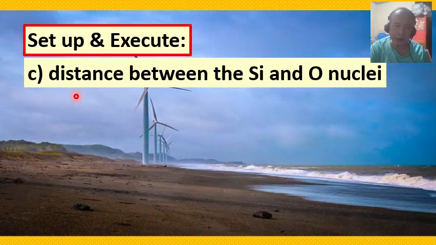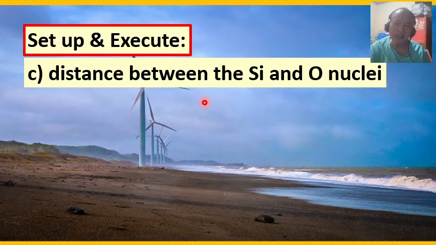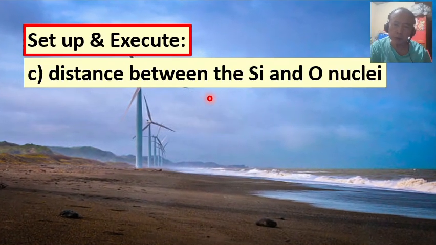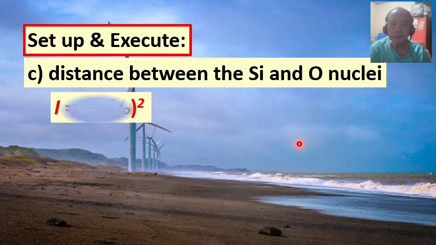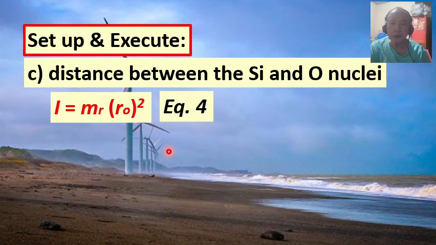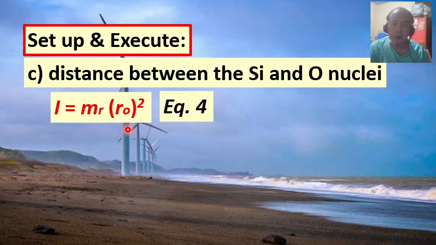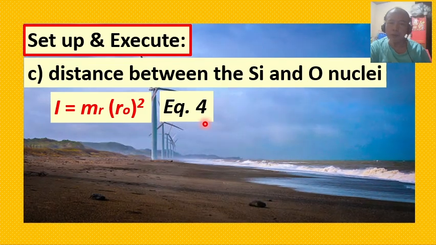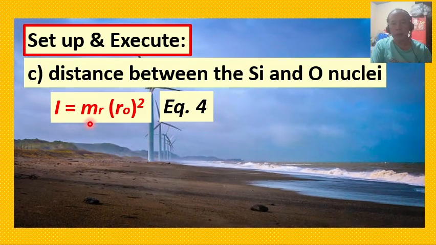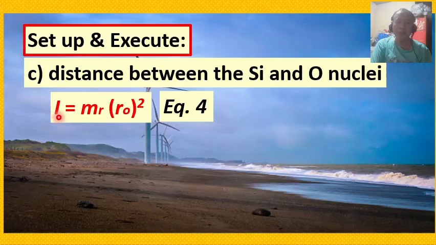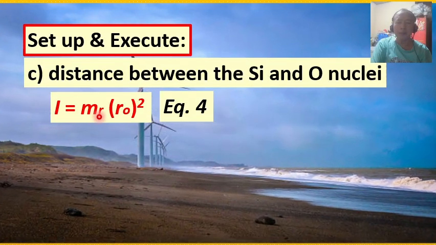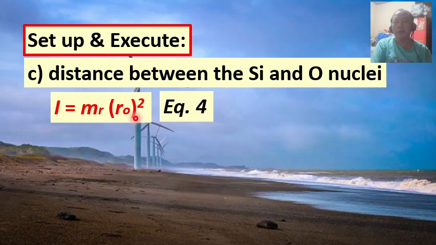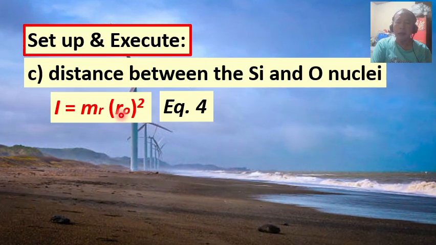Finally, in part C, what is the distance between the silicon and oxygen nuclei? From equation number 4, the moment of inertia, capital I, is equal to the product of the reduced mass, m sub r, and the square of r sub naught.